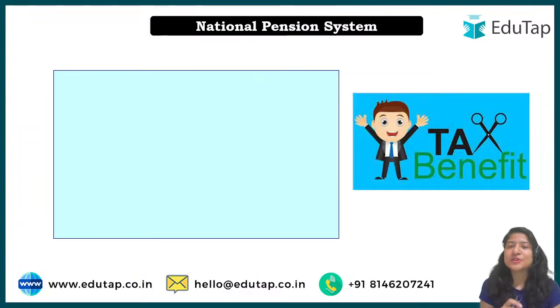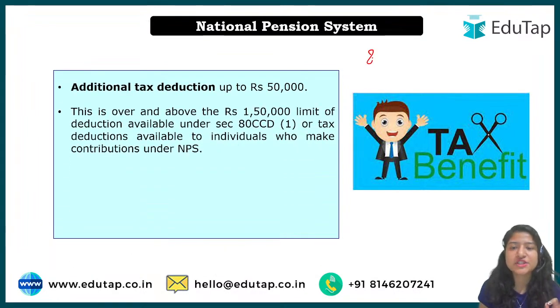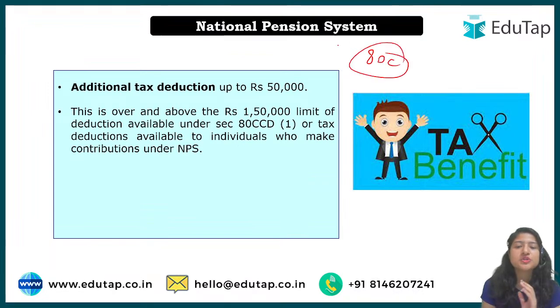Now let's talk about some National Pension System tax benefits. You must be aware, or if you are not aware, basically there is a particular section, 80C, under which you can get tax benefit.